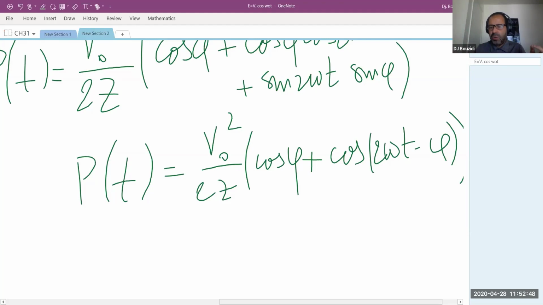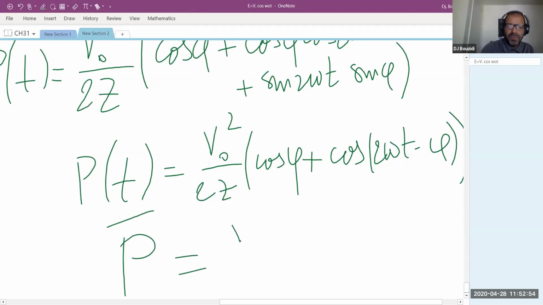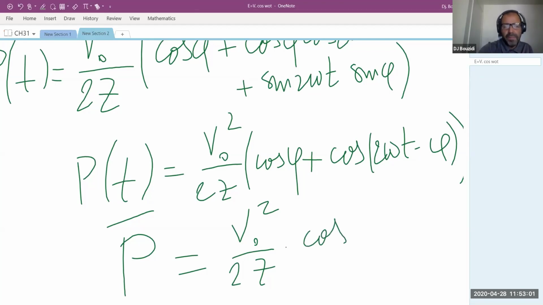So what matters at the end is just the average. So P on average is going to be V squared over 2Z times cosine of phi. That's it. The time-dependent part is gone.